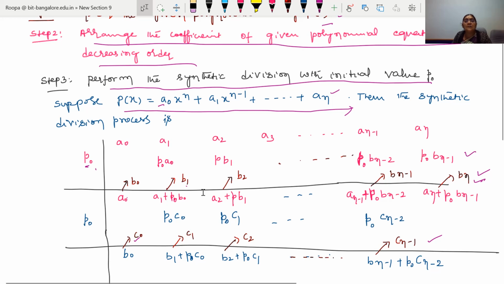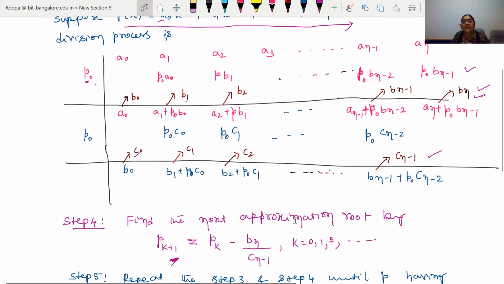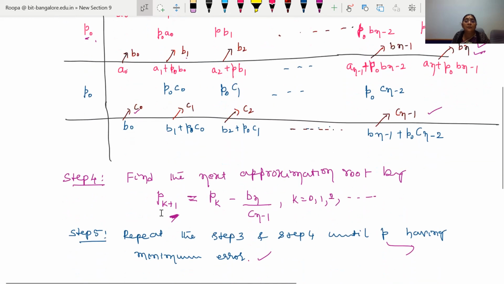For each iteration, we have to apply the synthetic division method twice to find out the B values, B0, B1, B2, up to Bn, and also find out C0, C1, up to Cn minus 1. Once we apply synthetic division twice, then using this formula, pk plus 1 is equal to pk minus bn divided by cn minus 1.